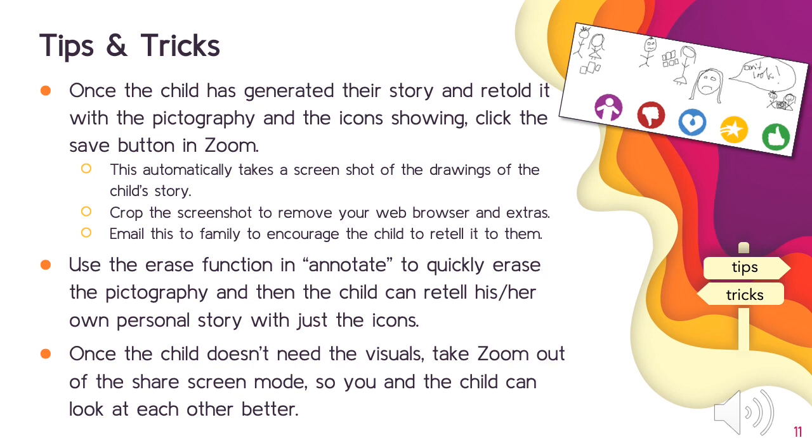There's a way, in the upper right hand corner, to just click the save button, and basically it automatically takes a screenshot of the drawings that you just made. Later, you can crop the screenshot to remove your web browsers and the extra stuff, so it looks like what I've got here on the screen.